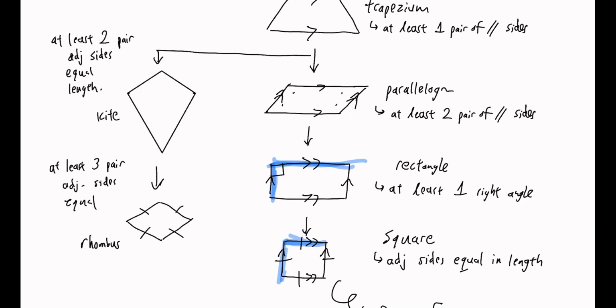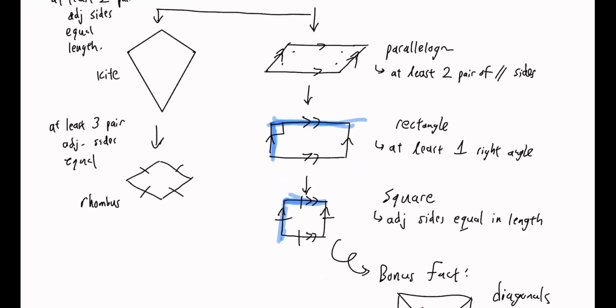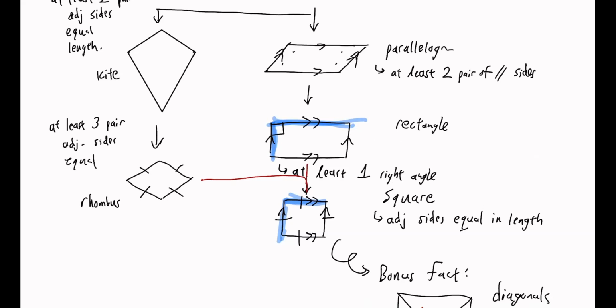Now if you combine this with the rule, you see this rule, at least one right angle goes from rectangle toward a square. If you apply the same rule over here, it's the same rule. Maybe I will copy this rule and put it somewhere nearby. Like this.